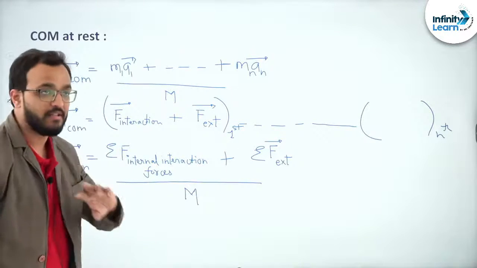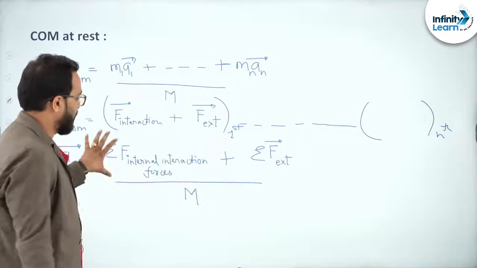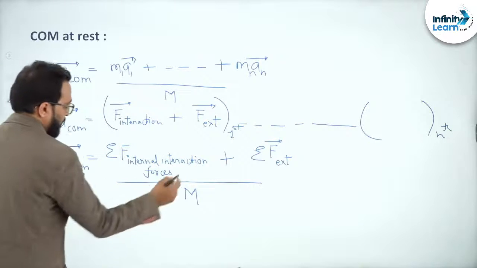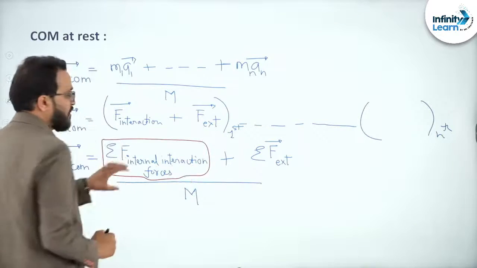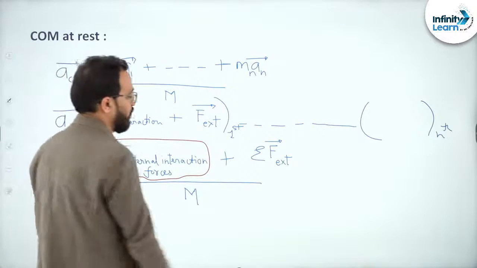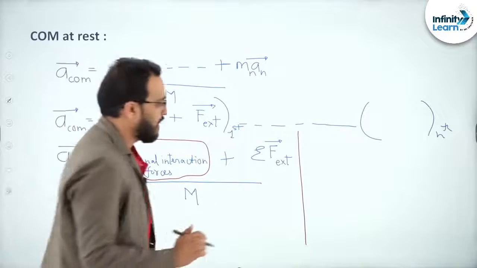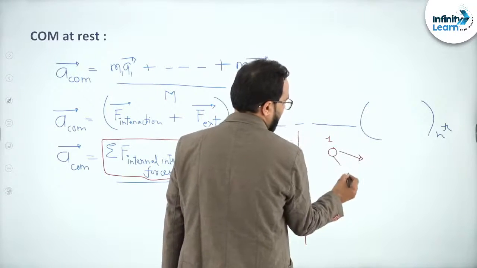Now try to understand this thing, students. By this summation, what am I going to get? See, this summation will be 0. Now you will ask me, sir, why will this summation be 0? There is a pretty easy reason. If I talk about particle number 1, it is interacting with other particles.